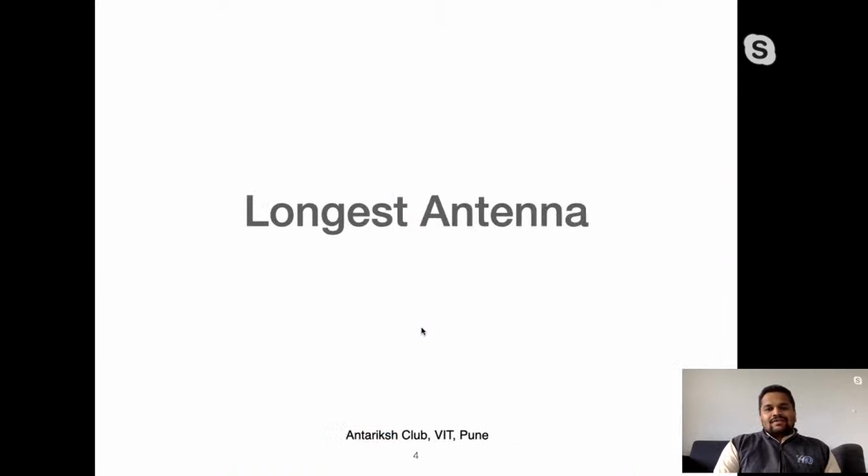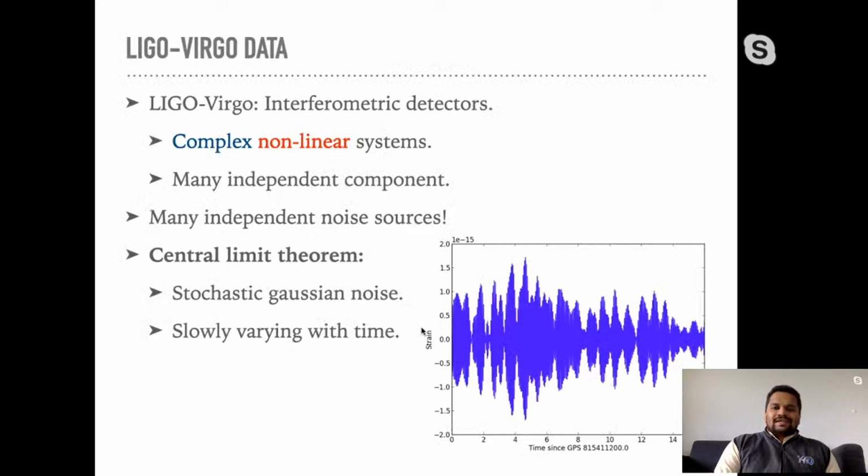Let's talk about the longest antenna through which we see the signal, which is of course the LIGO Virgo detectors. So we know they are interferometric detectors. They are complex nonlinear systems, so they have many independent components, and all these independent components are responsible for the introduction of noise, including our own things like flying aeroplanes.